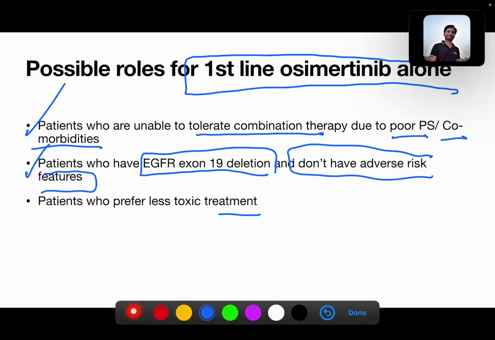And for patients who prefer less toxic treatment. So if the patient has a particular preference for less toxic treatment, you can also consider giving osimertinib alone. Although it is no longer the standard of care, since third generation anti-EGFR TKI-based doublets are the current standard of care, you can still give osimertinib alone in these particular patients, right?